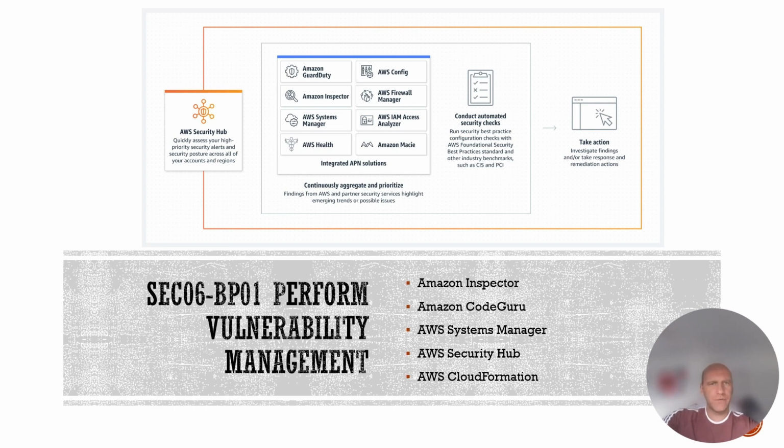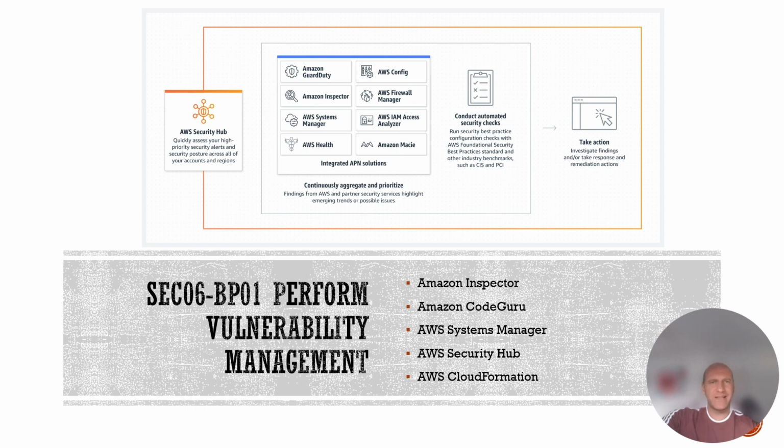AWS has a range of services to help you with your vulnerability management program. Amazon Inspector continually scans AWS workloads for software issues and unintended network access. AWS Systems Manager Patch Manager helps manage patching across your Amazon EC2 instances.